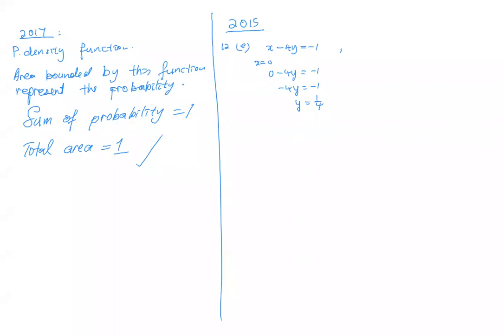So for the other one, x minus 9y equal to -4, the y-intercept will be 4/9. Am I right? My answer can be wrong. I told you already.